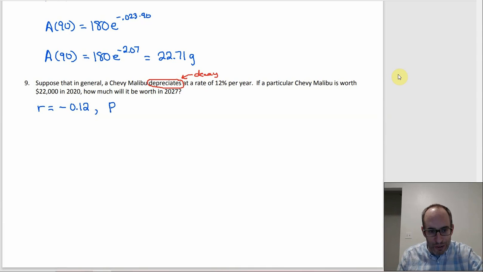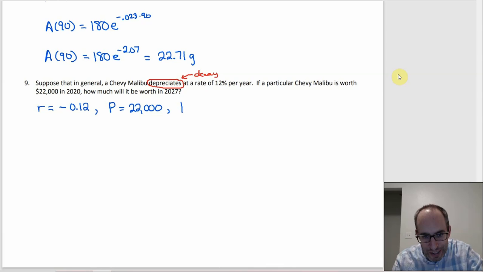So that's our P. And the elapsed time, it doesn't come right out and say it, but you can figure it out. It's 7 years, from 2020 to 2027. So T is 7.